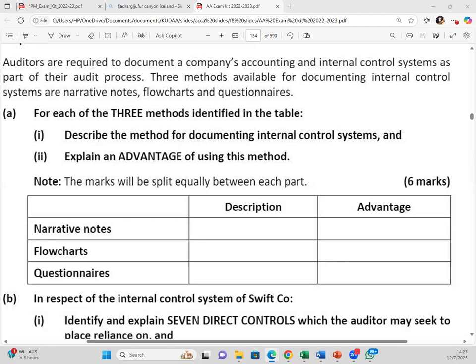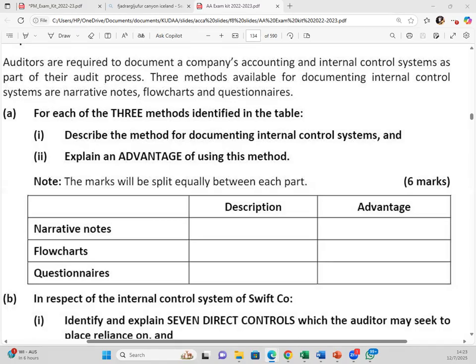So with narrative notes we write short notes. These are brief notes which describe the control system of the client, what happens at each process.